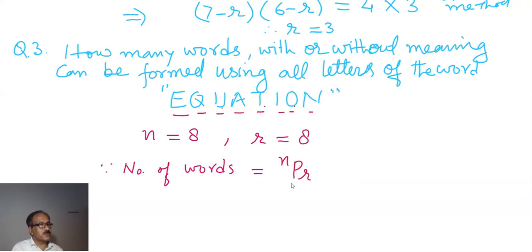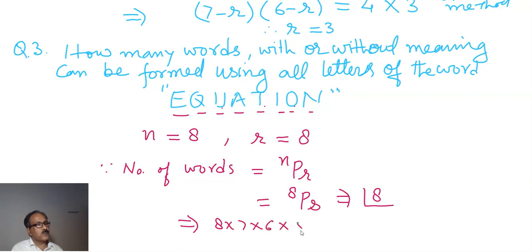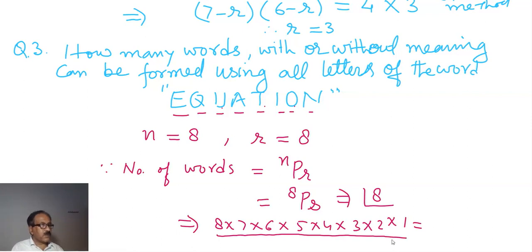This is the concept. In place of n you put 8. In place of r is also 8. 8P8 means factorial 8. And my dear, factorial 8 may be written as 8 into 7 into 6 into 5, 4, 3, 2, 1. When we will multiply these all, then we will have the correct number of arrangements. Okay?